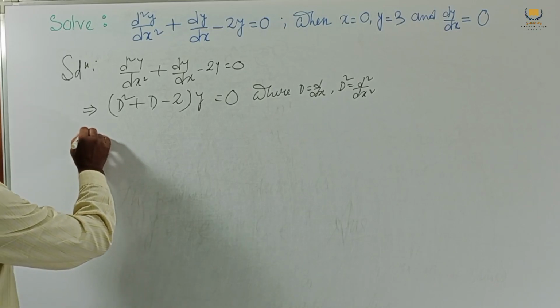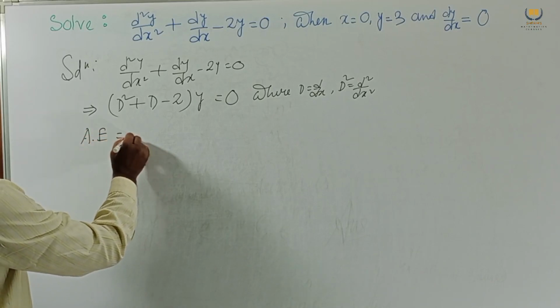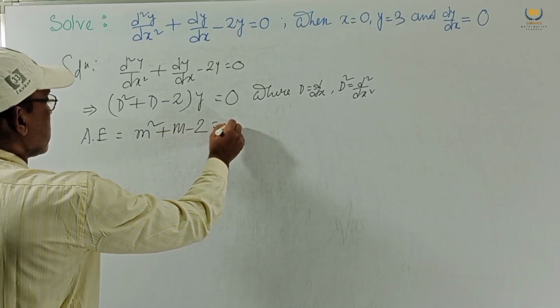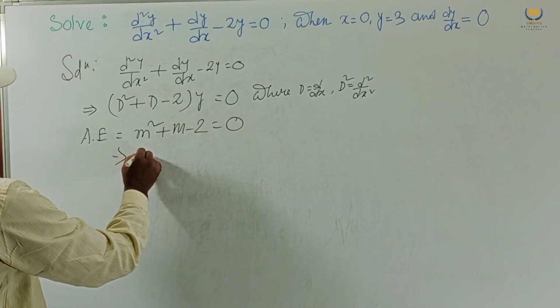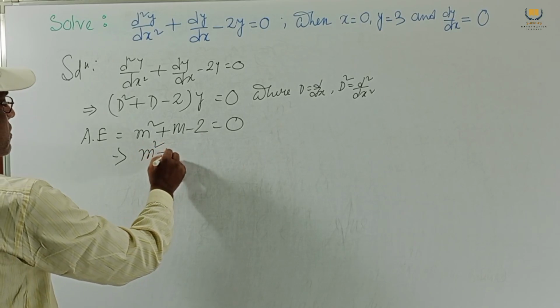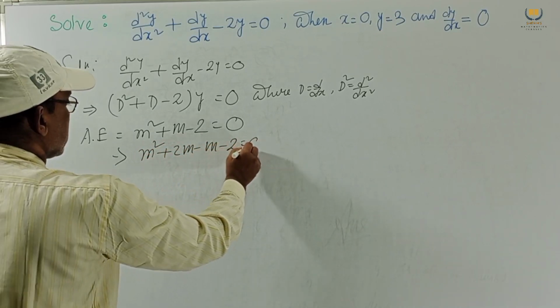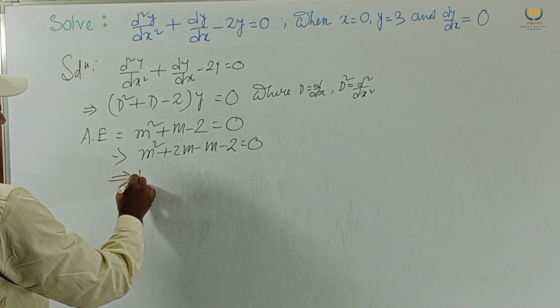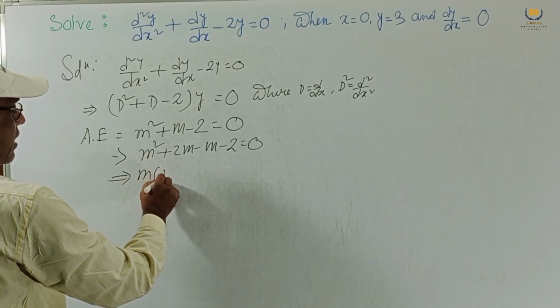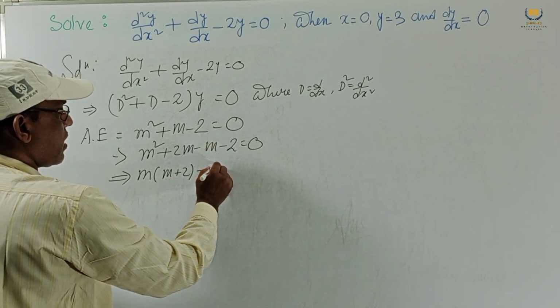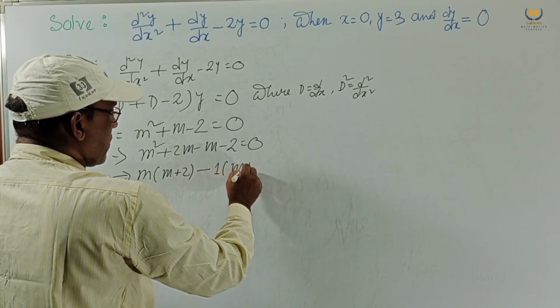Now we want to write the auxiliary equation. The auxiliary equation is m square plus m minus 2 equal to 0. Then this is m square plus twice m minus m minus 2 equal to 0. Taking m common from these two, m plus 2, and minus 1 common, m plus 2.